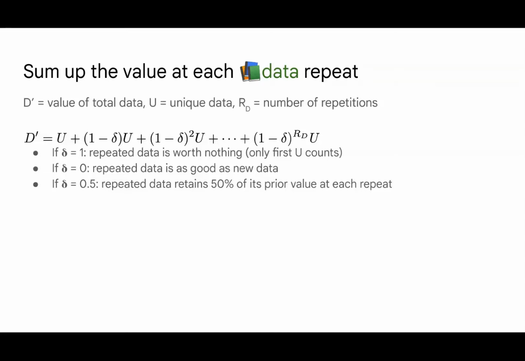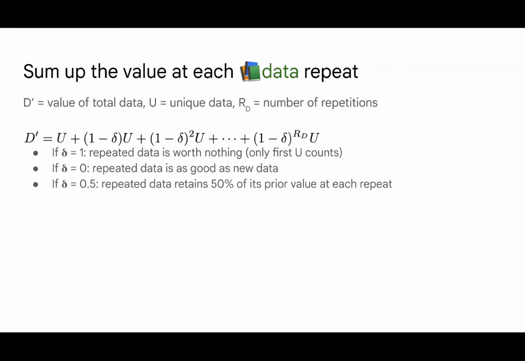Formally, we model this by introducing a term D', which represents the value of repeated data. If our system starts with U unique tokens and repeats the data R_D times, we compute the final value D' using an exponential decay formula. Delta represents the value of the decay itself.